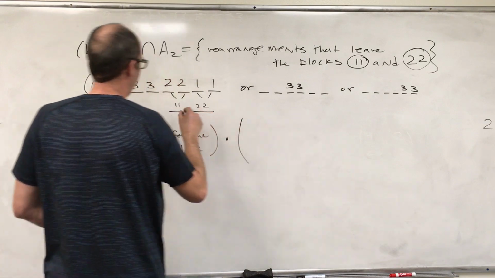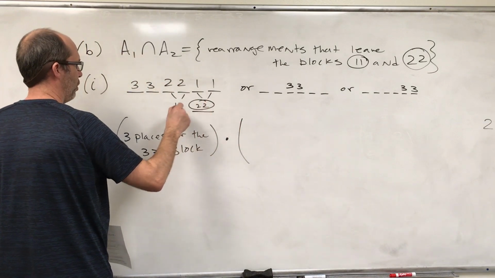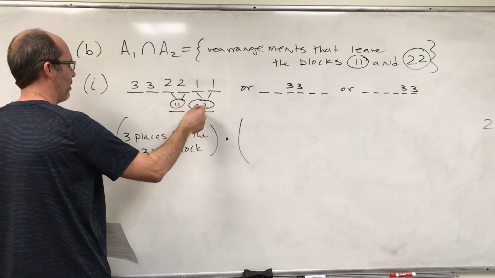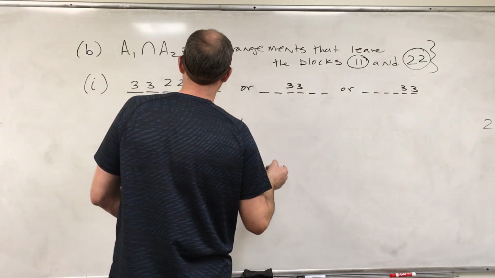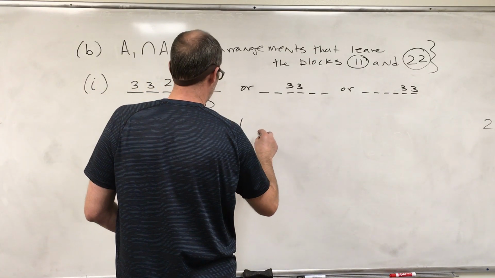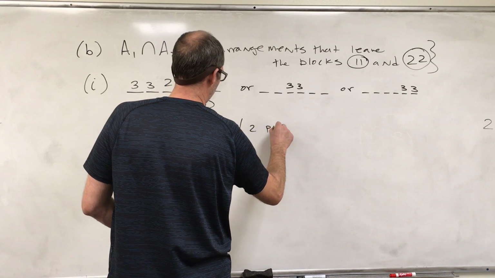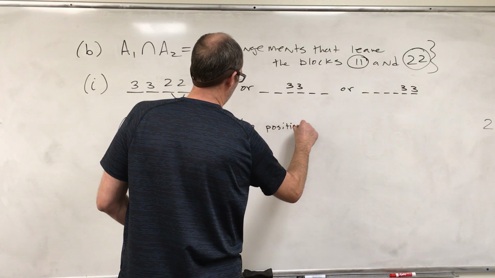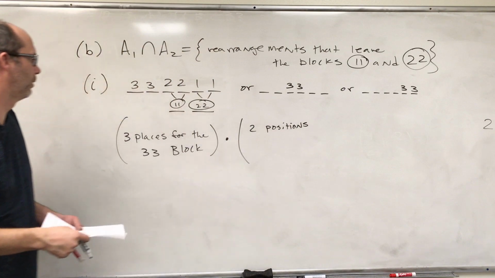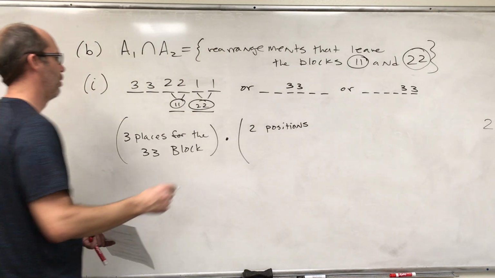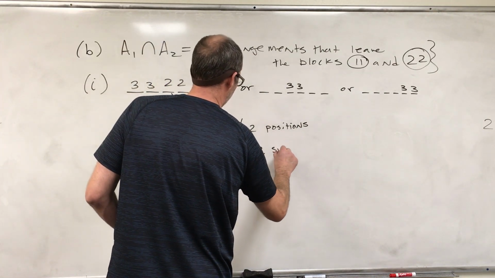The first symbol is 1, 1 and the second symbol is 2, 2. So you have 2 positions and 2 symbols to choose from.